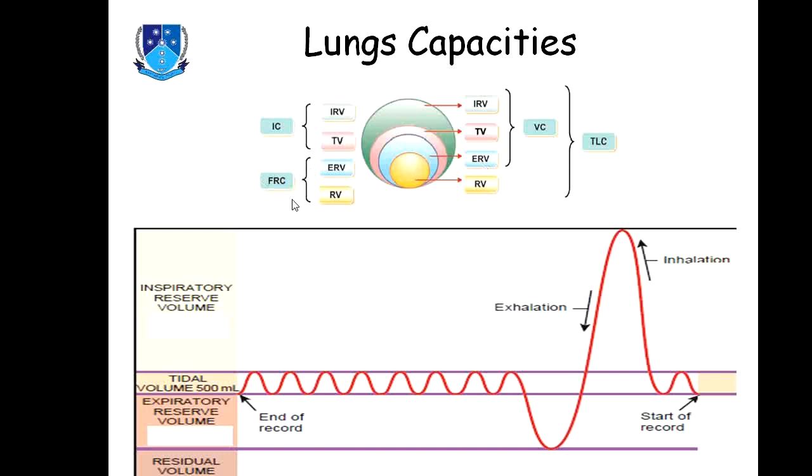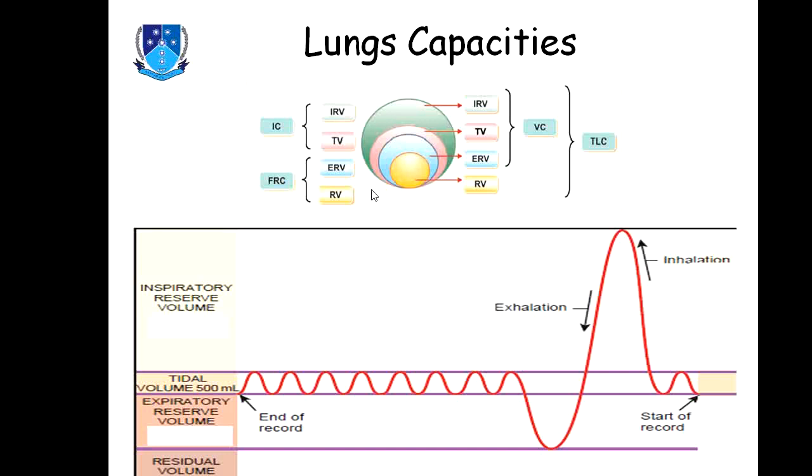The next one is called functional residual capacity. The functional residual capacity is the combination of expiratory reserve volume as well as the residual volume.